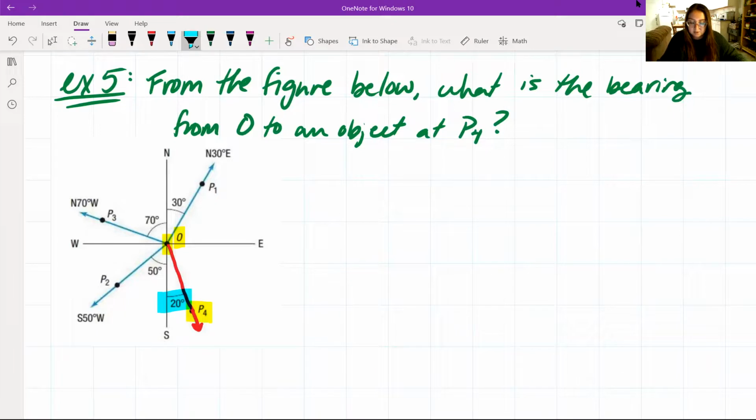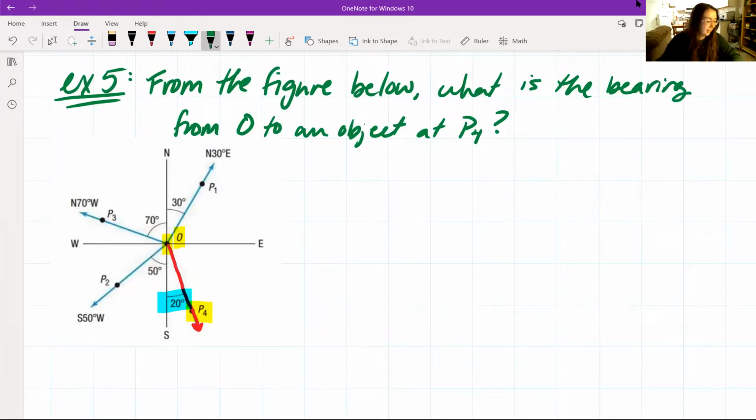This is the angle measurement between our north and south line and our ray OP. So this is how you would read a direction or bearing question. You're just really seeing the angle between your vertical line and your ray that you've drawn out, which in our case is already given to us.